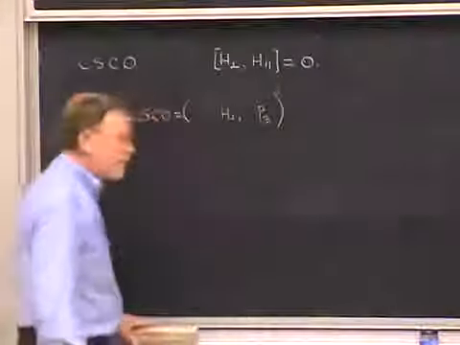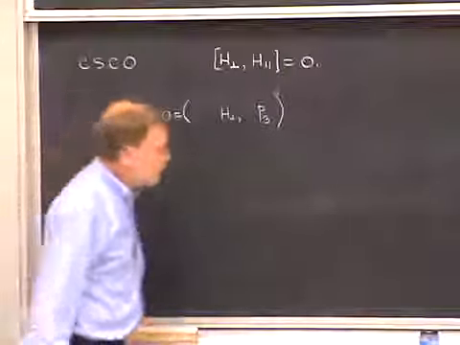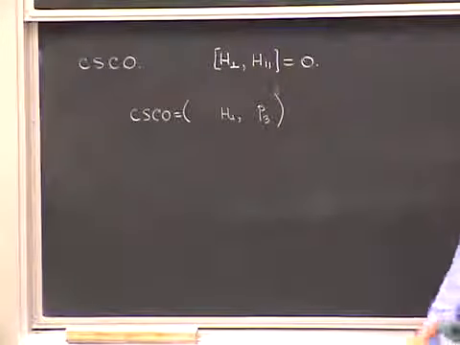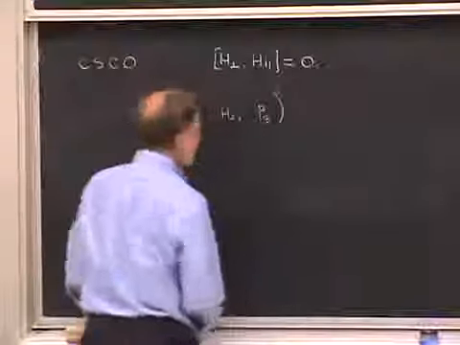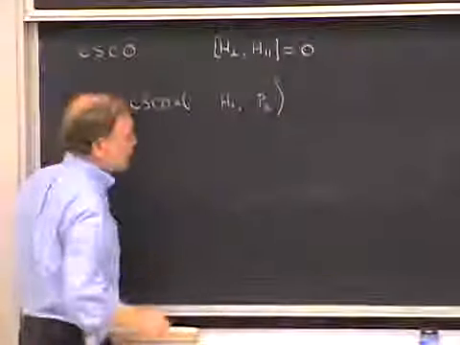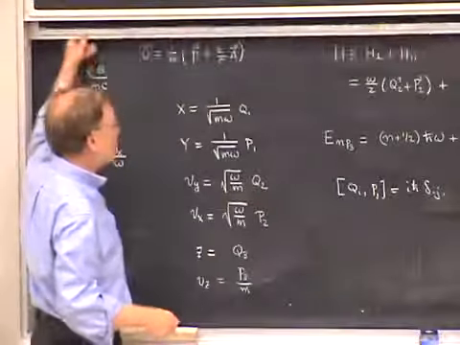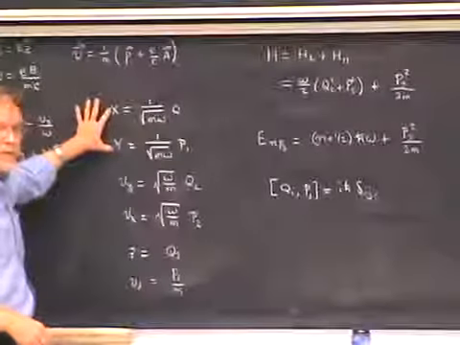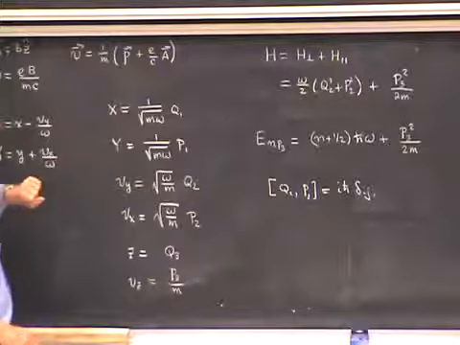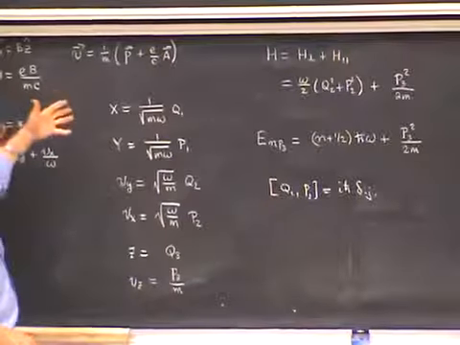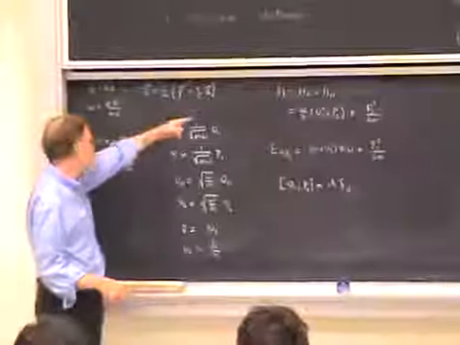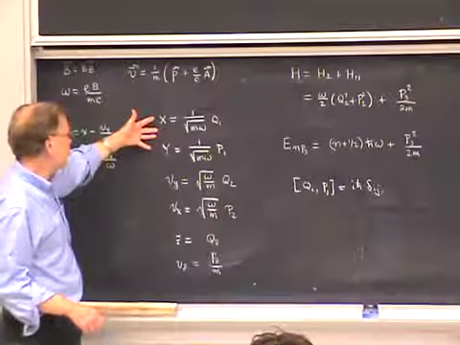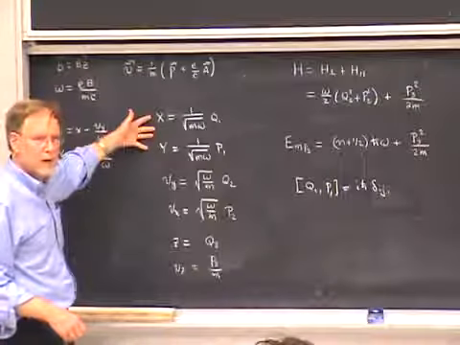That gives us 2 commuting observables, but we need another one, because the number 1 degree of freedom is not represented by h parallel and h perp. That's the x and y, the guiding center positions. So if we want a third observable which commutes with the first 2, it can be any function of q1 and p1.